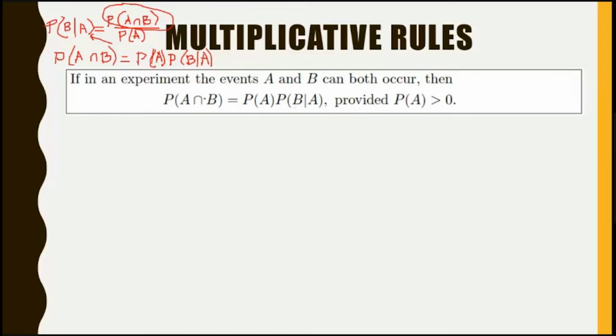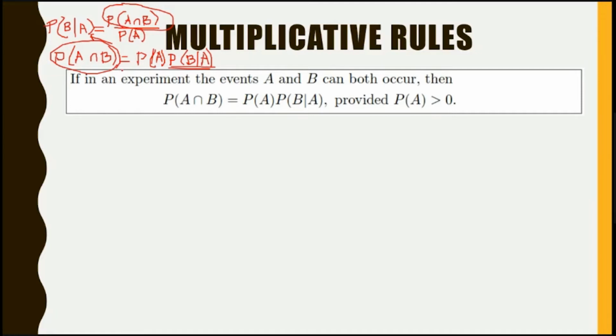Here in this case, the conditional probability is given, and we are looking for the probability of the intersection.